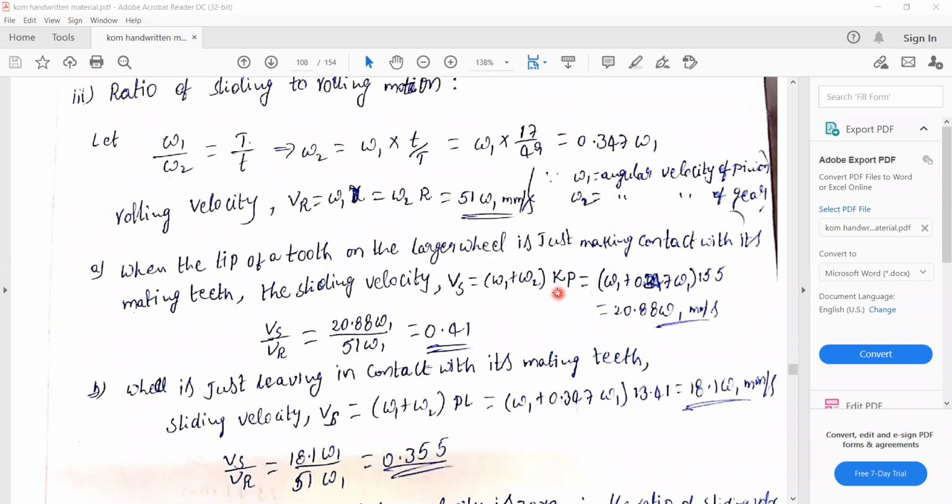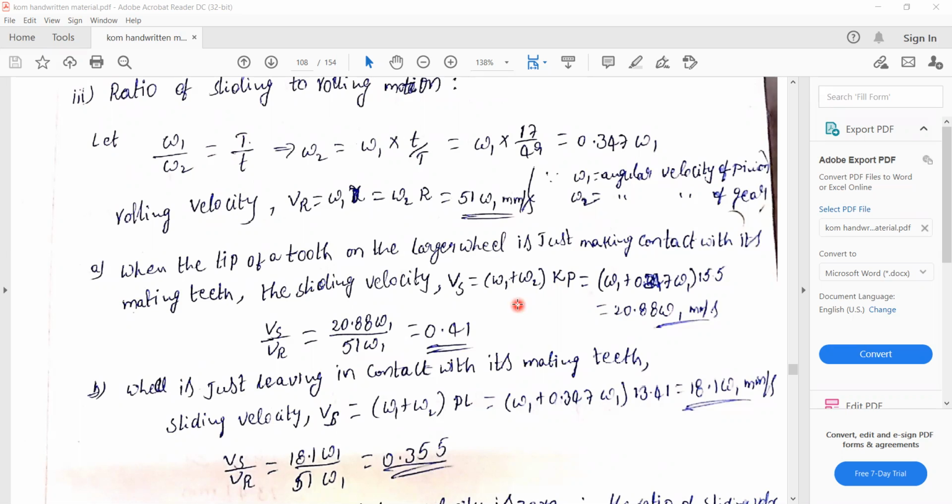Why? Because of the path of approach. When the gear wheel is just making contact, the sliding velocity formula, as we already know, is omega 1 plus omega 2 into the path of approach or path of recess.